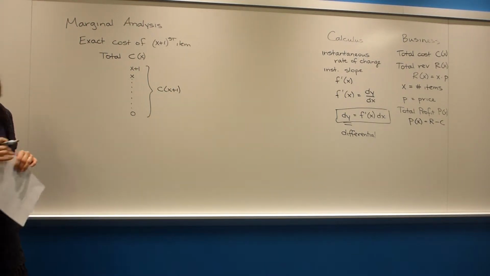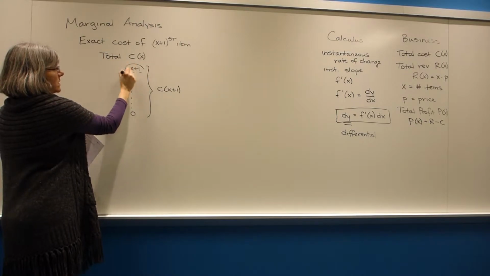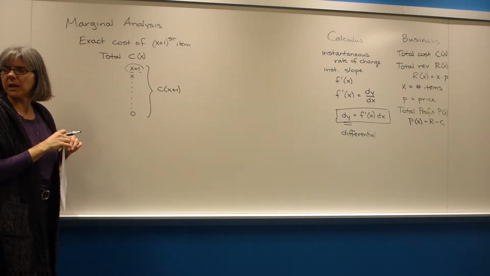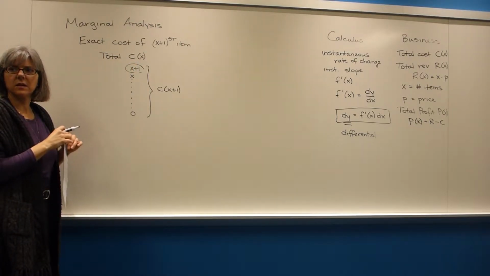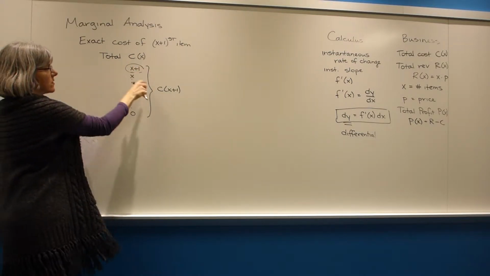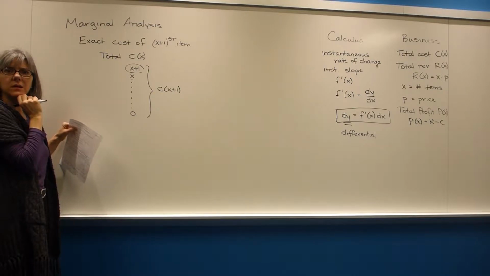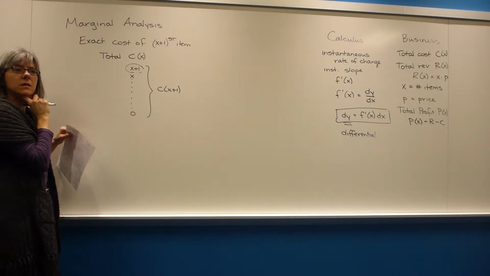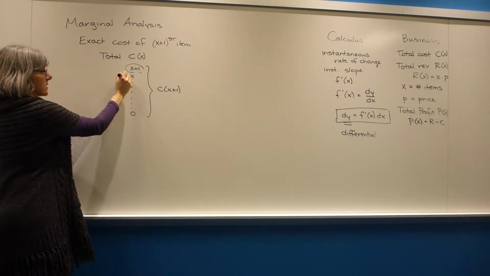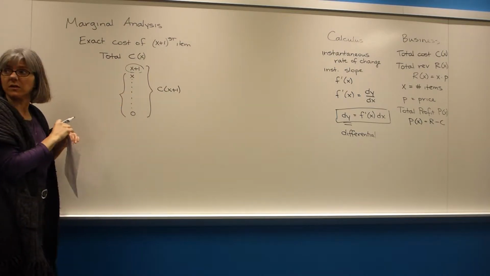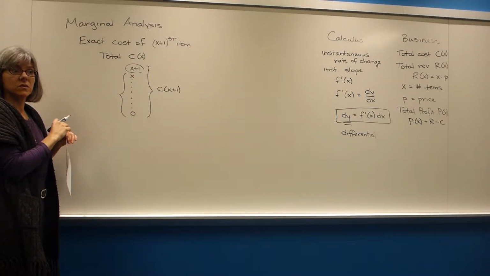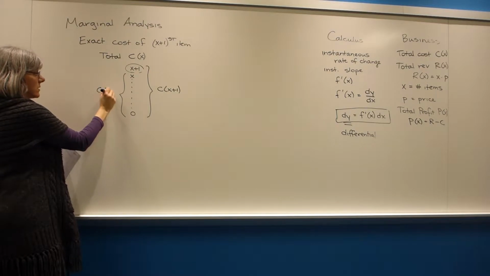Does that seem right? But if I only want the cost of this one, does anybody see what I can do to get to that? I don't want all of them, I just want the last one. Does anyone see anything I can subtract? Yes, kind of X. Do I know the cost of those? Yes. That's total cost, right?